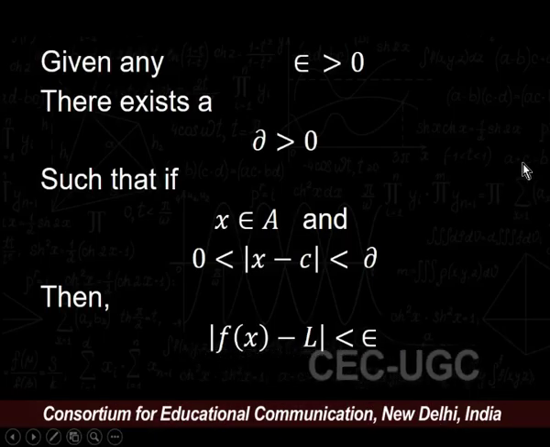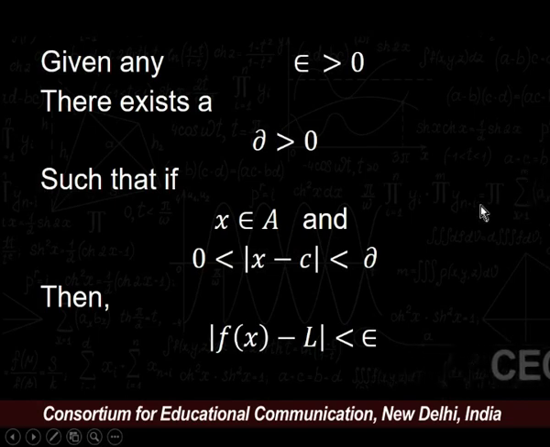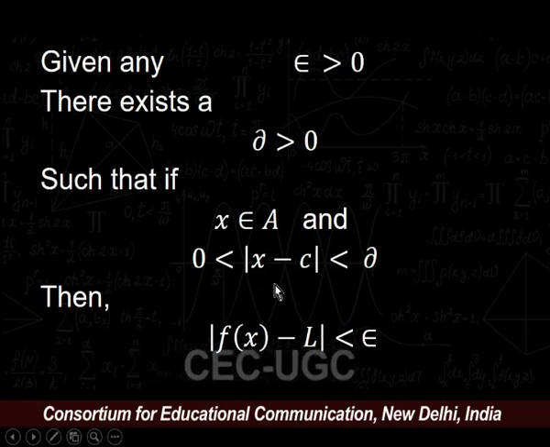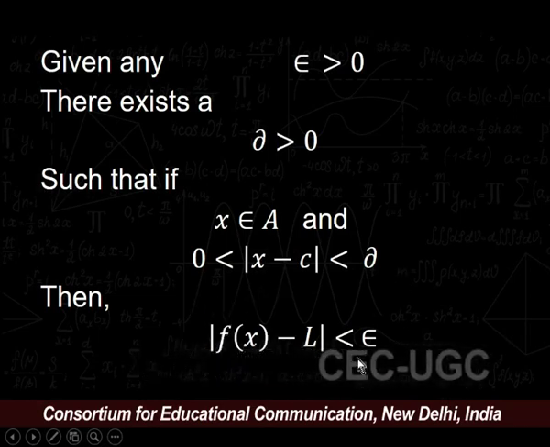Now, recall the definition of a limit of a function at a point c. We studied a function f defined from A to R. Then a real number L is said to be a limit of f at point c if for any given epsilon greater than 0, there exists a delta greater than 0 such that if x belongs to A and |x - c| < delta, then |f(x) - L| < epsilon.